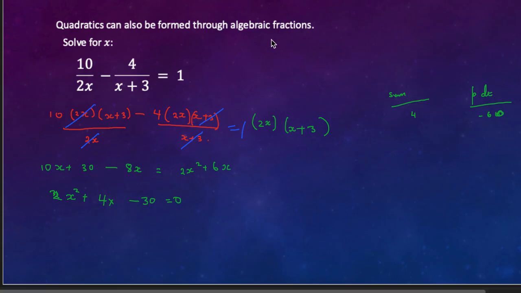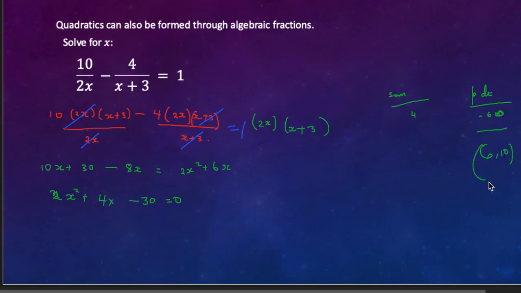We are looking for the factors. Like I explained on the first page, here will be a little bit quicker. The two numbers we multiply to get 60 and add to get 4, you think about 6 and 10.